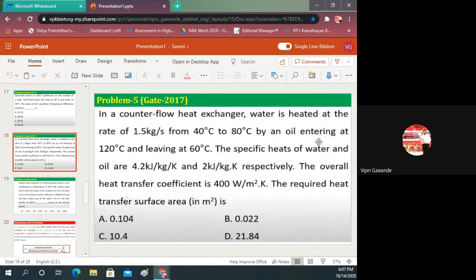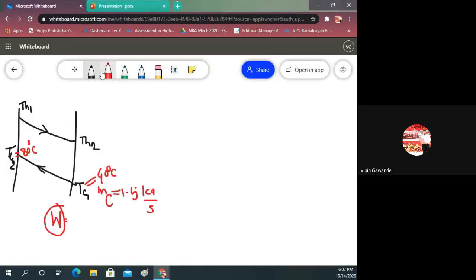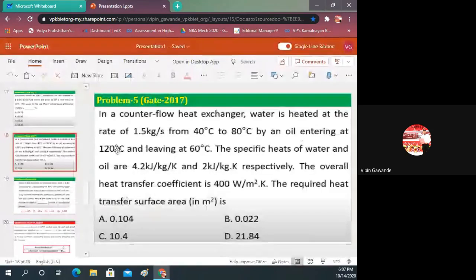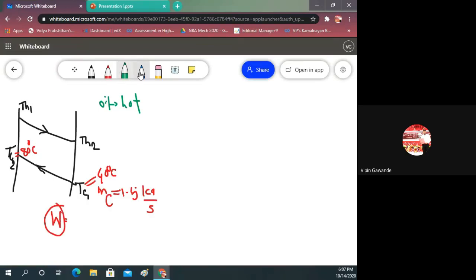Next, it is heated by means of oil entering at 120 degrees Celsius. Oil is our hot fluid now. The entering temperature of the oil is given, so this is the entering temperature TH1.